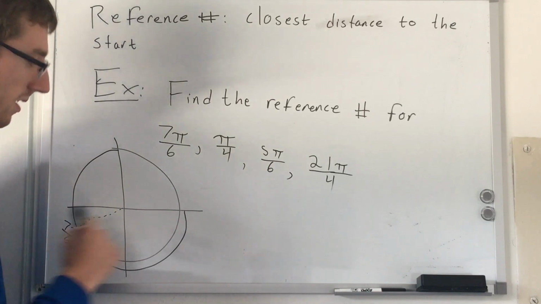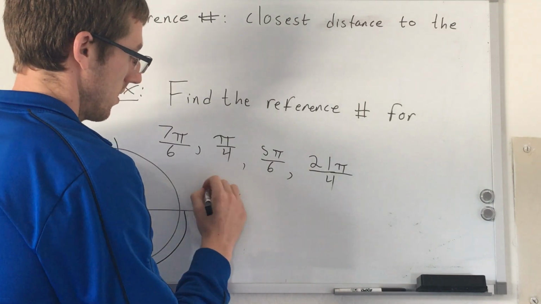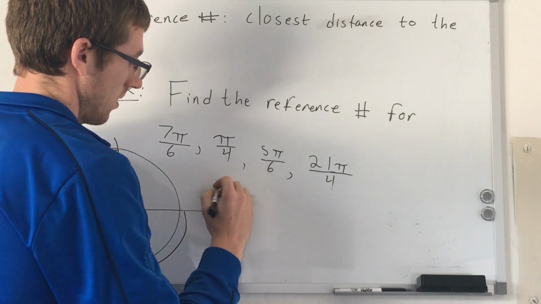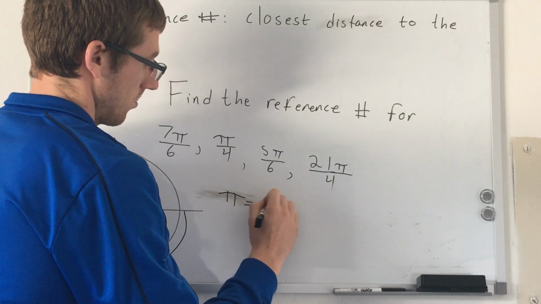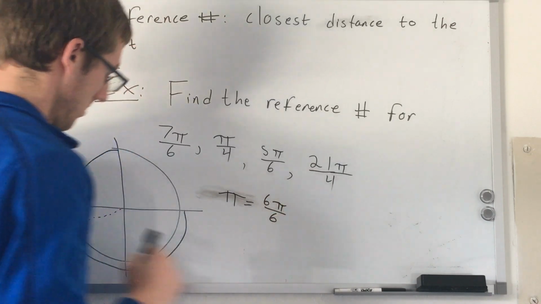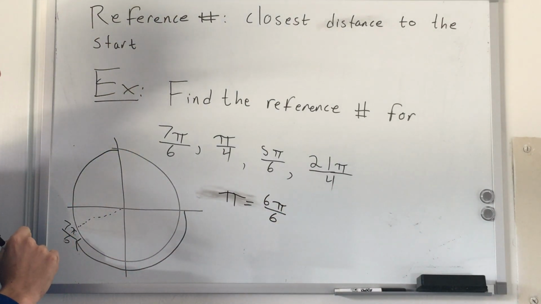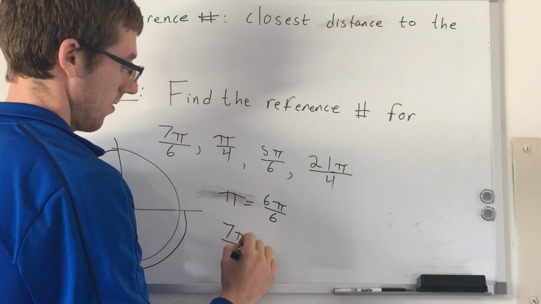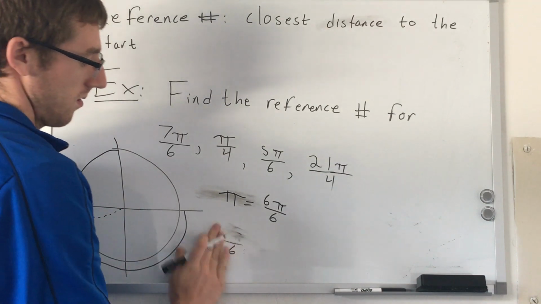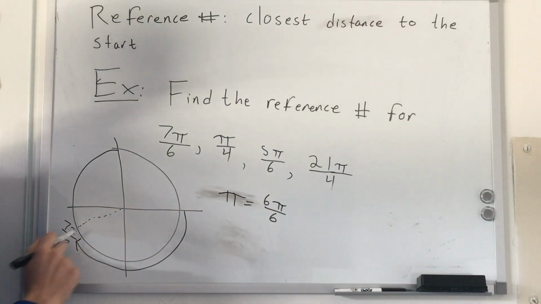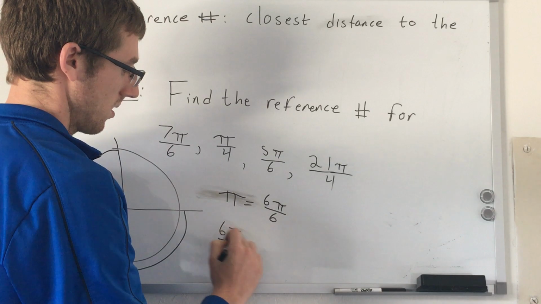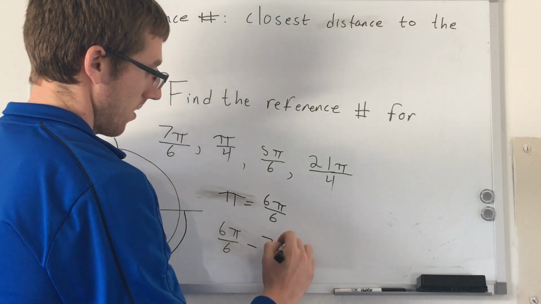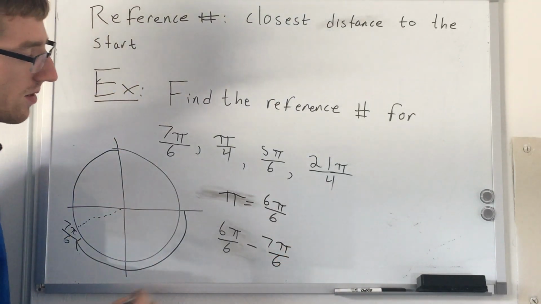Well, π is equal to 6π over 6, right? Because we're at 7π over 6. So if we start at 6π over 6, we want to know how far away we are from 7π over 6.